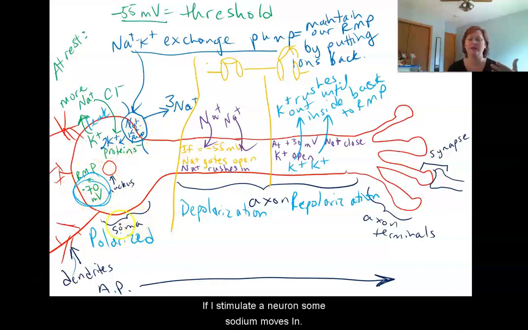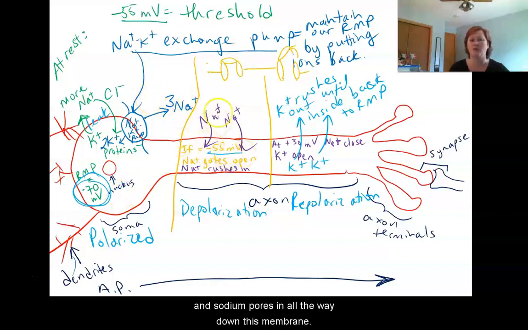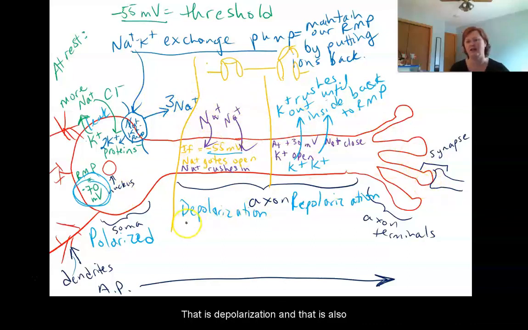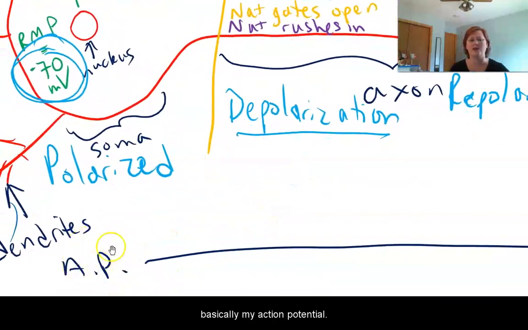If I stimulate a neuron, some sodium moves in. If enough sodium moves in that I hit threshold, then sodium gates are going to open and sodium pours in all the way down this membrane. That is depolarization, and that is also basically my action potential.